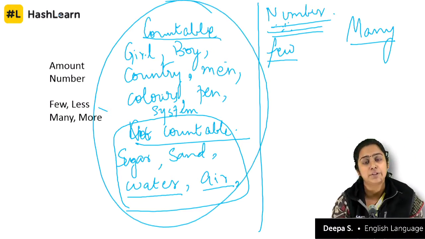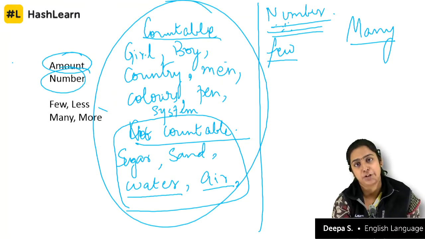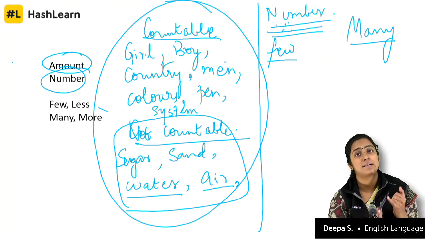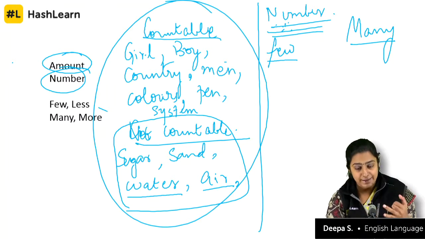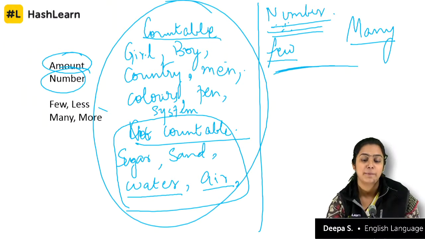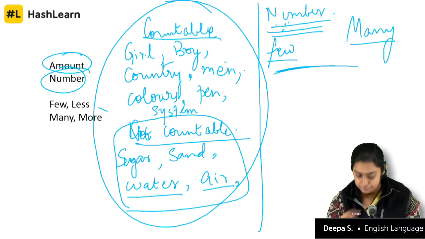Otherwise, whenever you use an adjective to quantify a certain noun, ask yourself this: is it a countable noun? In that case, I use these particular adjectives: few, many. And if it's not, I use non-countable adjectives. Okay.